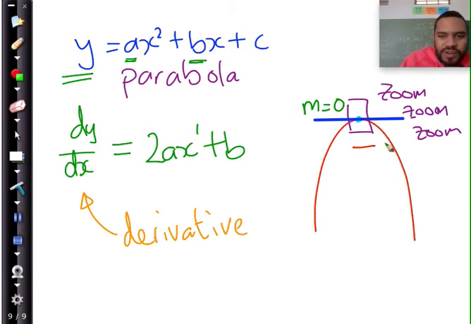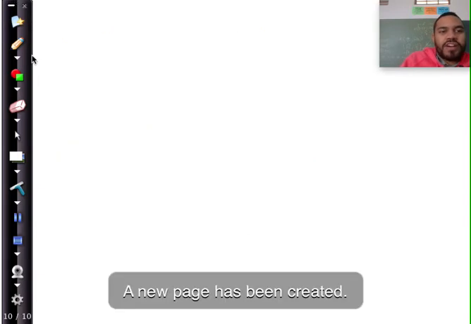Is it always 0 on this graph? Who says yes? Raise your hands. Huh? Who says no? On that graph. Is the gradient always 0 on this graph? No. But where is it 0? On top. Turning point. At the turning point. So that's a concept I need you to make a note of very quickly.